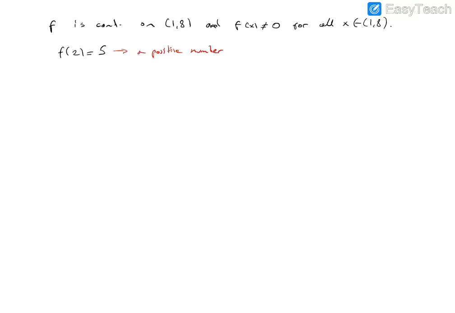If f of 7, for example, let's look. What we know is that on the interval 1 and 8, the function value f of 2 is 5. So our curve passes through this point, and it does not intersect the x-axis. So if you start from somewhere here, a negative value, the graph is like that one. Without tracing the curve, if you sketch this graph, there is a 0.